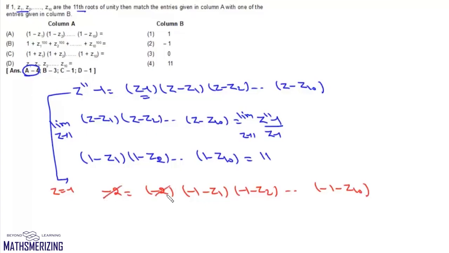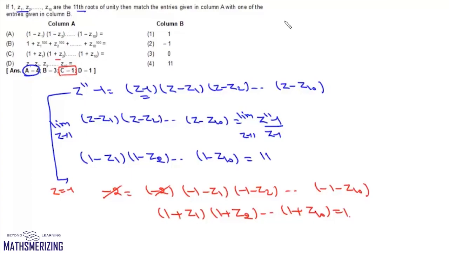Now this -2 and -2 will cancel, and here we have 10 factors. If we take minus 1 common from each factor, we'll get (1+z1)(1+z2)...(1+z10), and it'll be nothing but 1. So this C matches with 1.